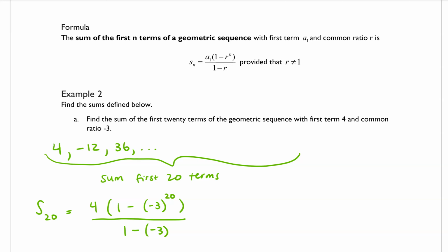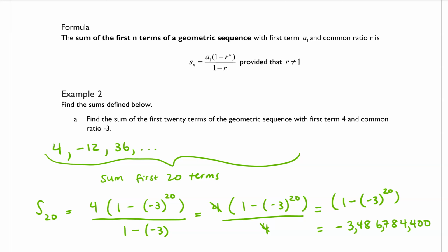Let's see if we can simplify this a little before we use our calculator. Notice that 1 minus -3 is equivalent to 4, so those will divide out, and we'll just be left with 1 minus -3 to the 20th power.